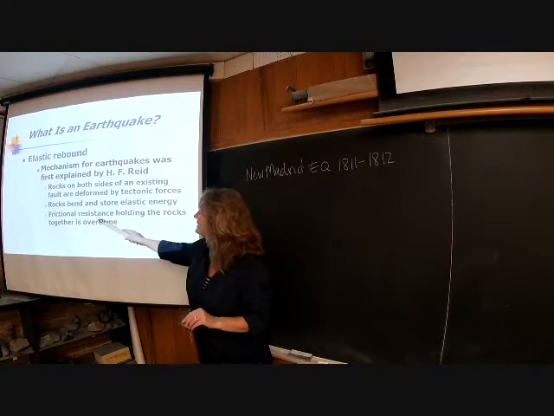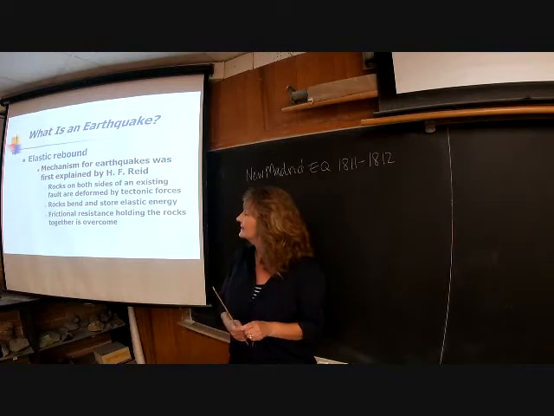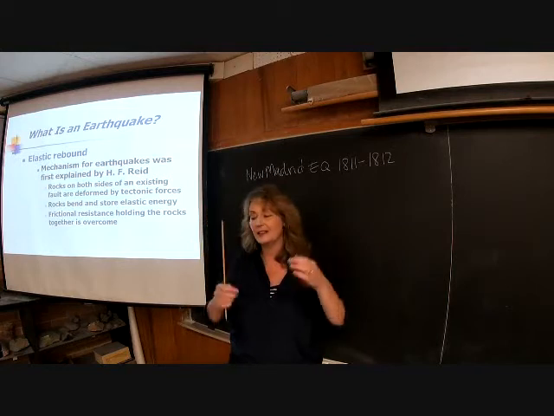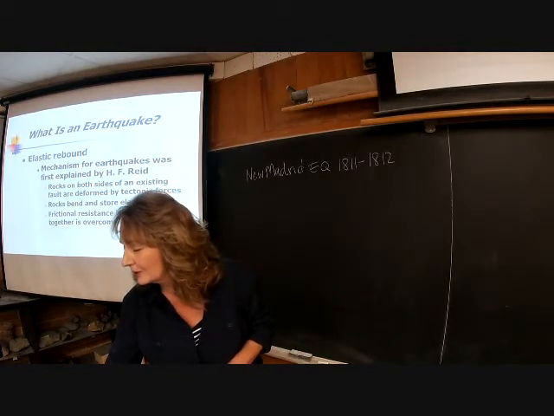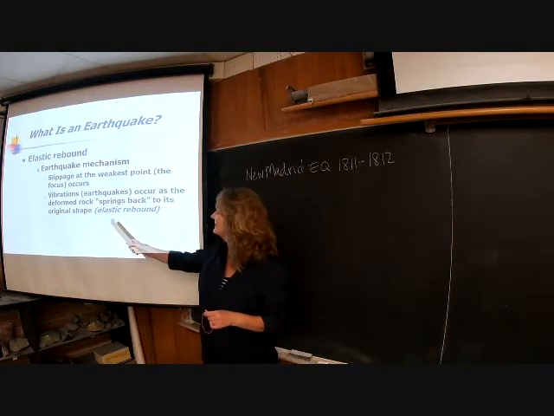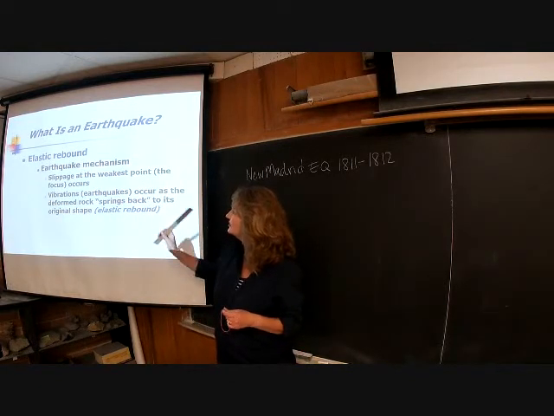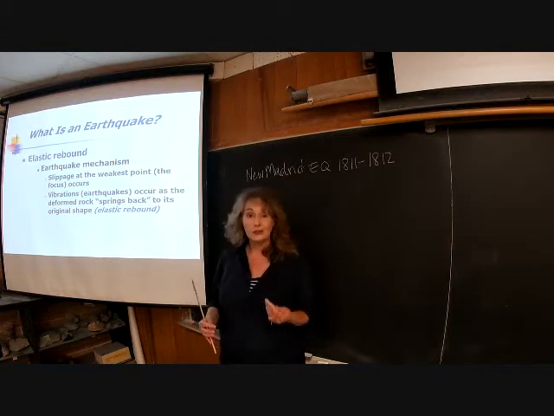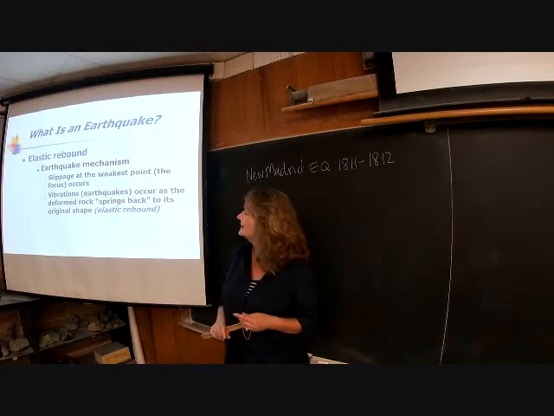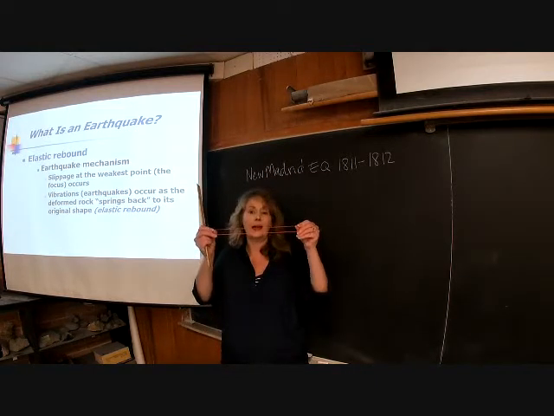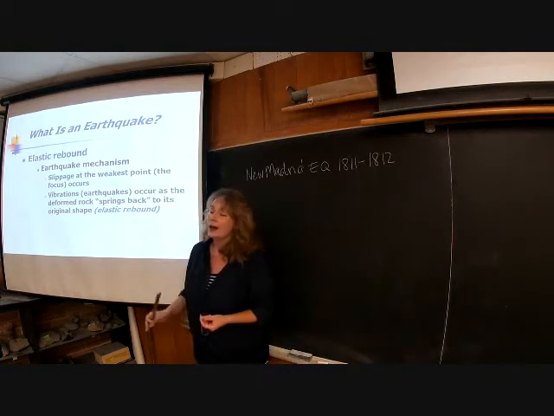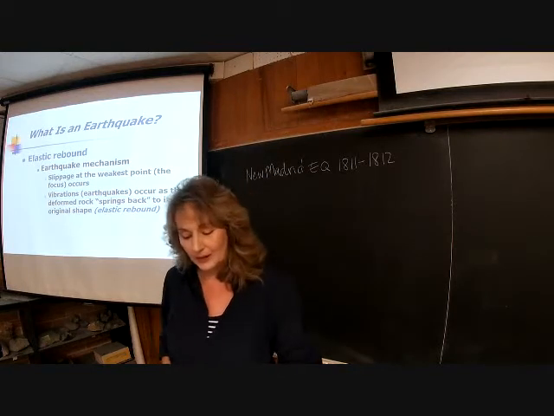So we get some frictional resistance holding the rocks together, that's overcome, and then it gets released and snaps back. Reid was the one that first explained that elastic rebound. You get your slippage at the weakest point, which is the focus, and then vibrations. The earthquakes occur as that deformed rock springs back to its original shape and size. Elastic rebound is what we talk about.